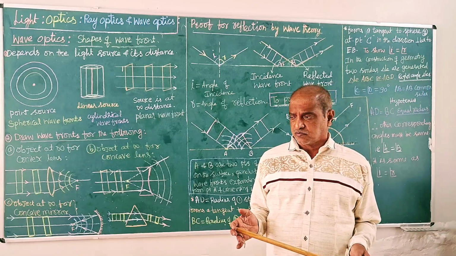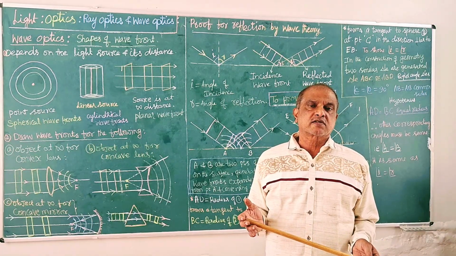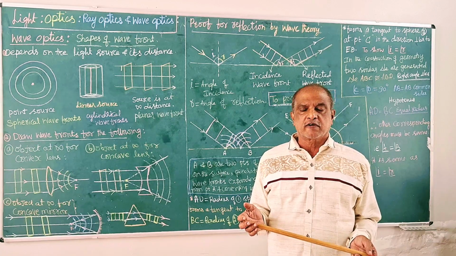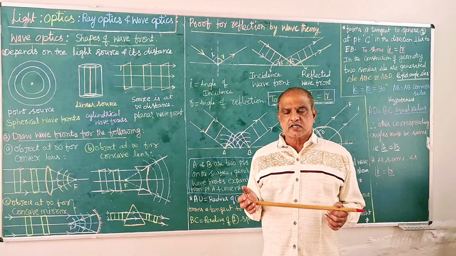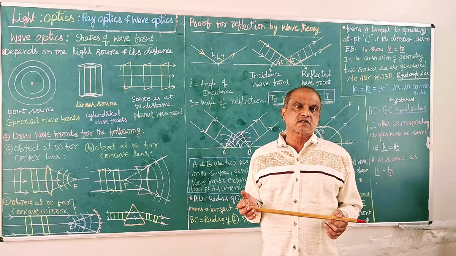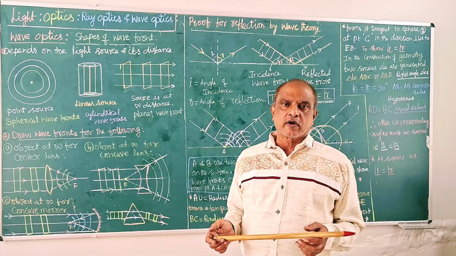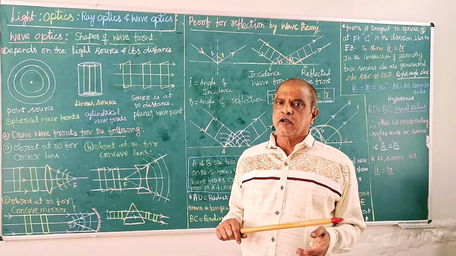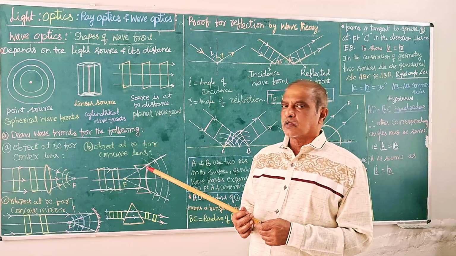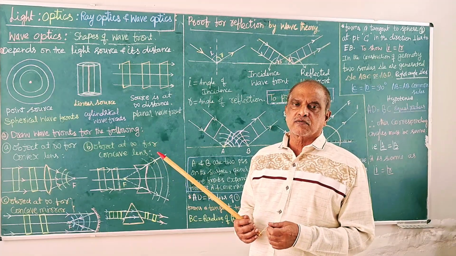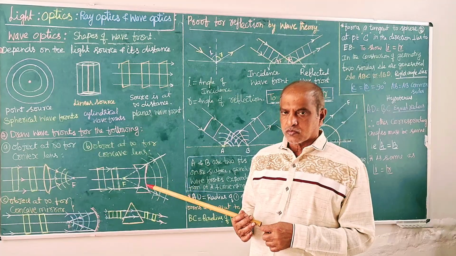It says it is a generation of successive wave fronts expanding outward. They expand outward in all directions at the speed of light. That is what the Huygens wave theory says.